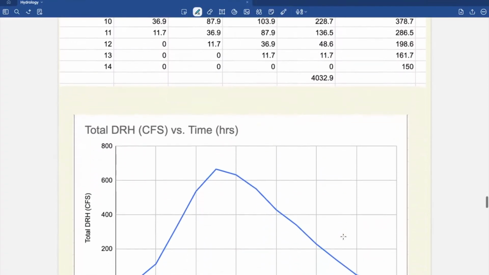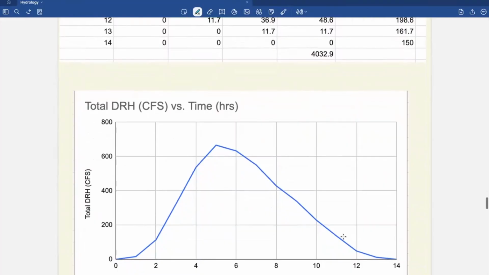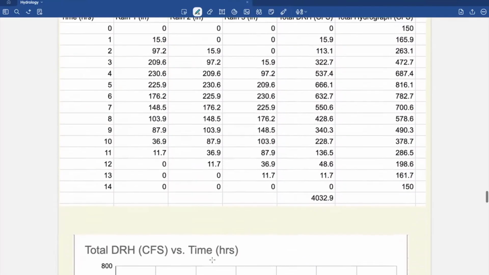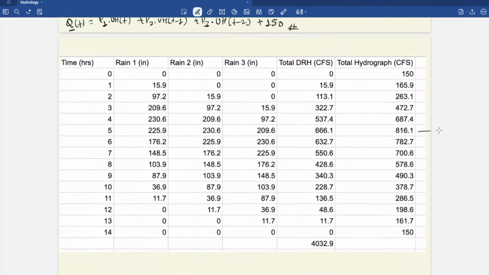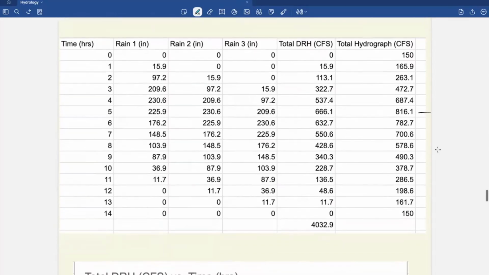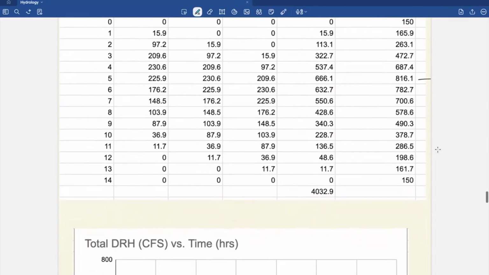And when we plot that, the peak total direct runoff is around 650 CFS at hour 5, giving a total hydrograph peak of about 816. Notice how the peak is broader and delayed compared to the original unit hydrograph. That's the smoothing effect of distributing rain over 3 hours.